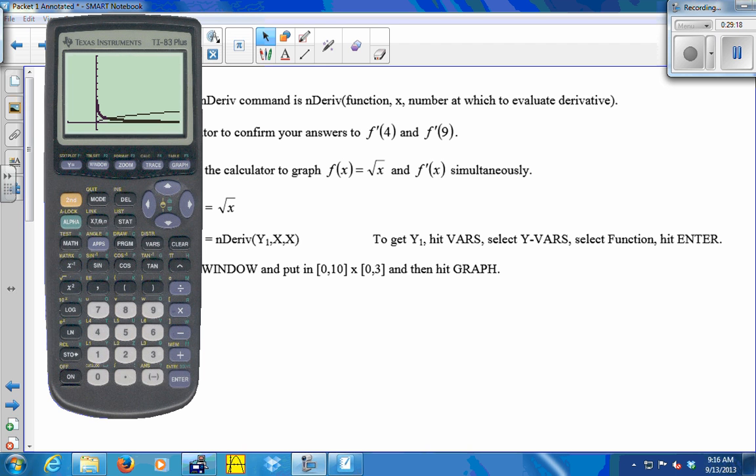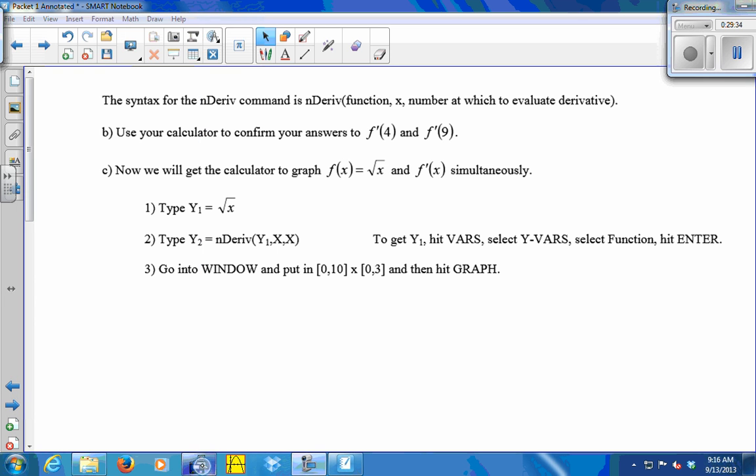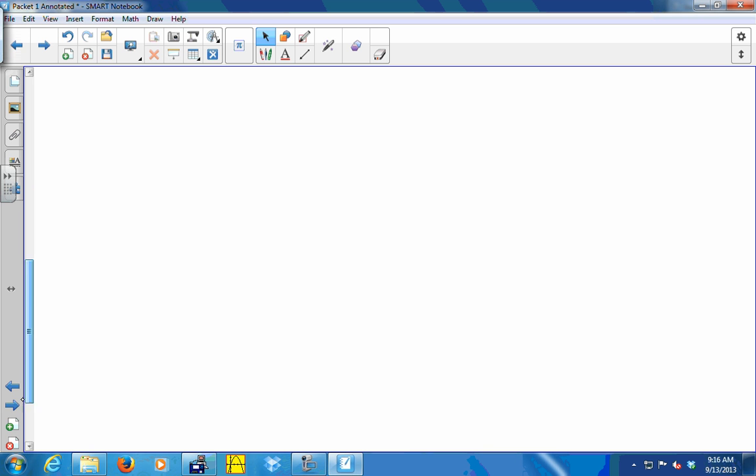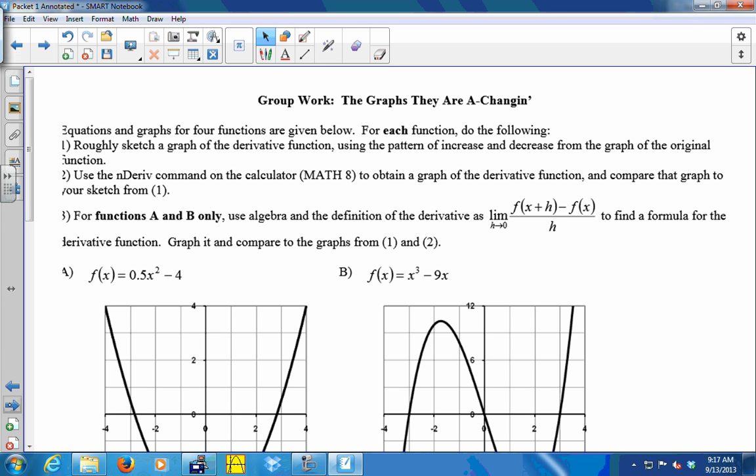All right, so that looks like the qualitative graph that we drew, and it looks like the graph of 1 over 2 square roots of x. So these are really good ways to confirm. Once you've found a formula, this can confirm your work. All right, so that finishes up the lecture.